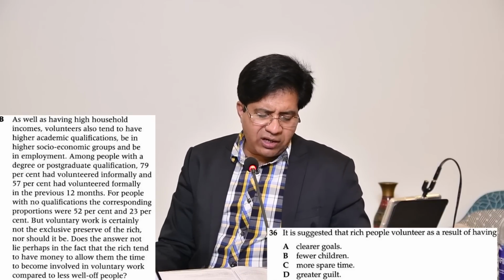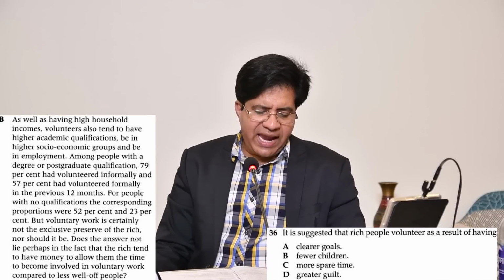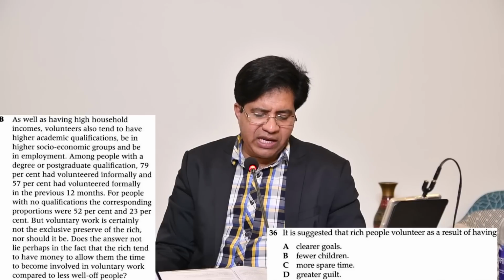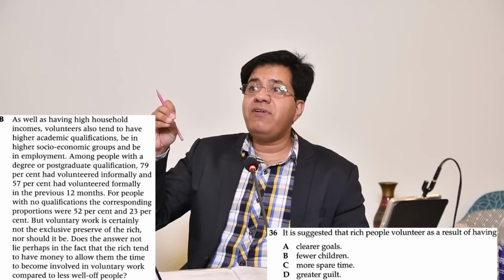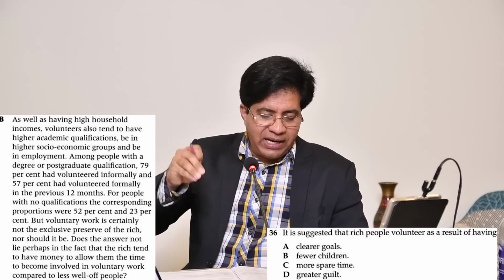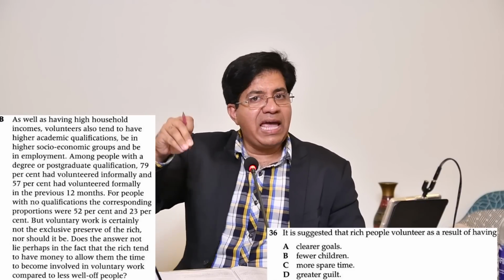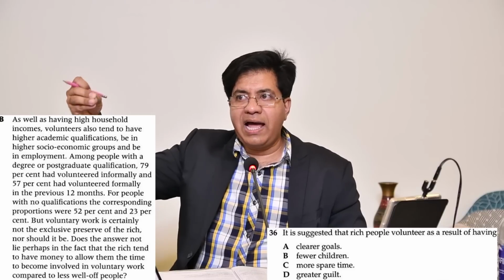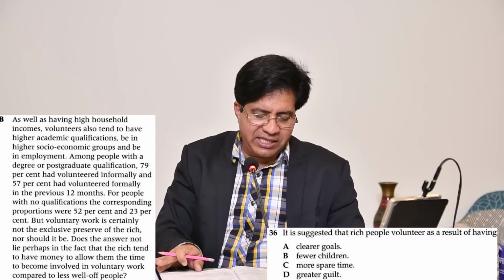Does the answer not lie perhaps in the fact that rich tend to have money to allow them the time to become involved in voluntary work? Rich have money to allow them the time. They have the money and money allows them the time. So it means they have more time because they have money. That's why they have time.